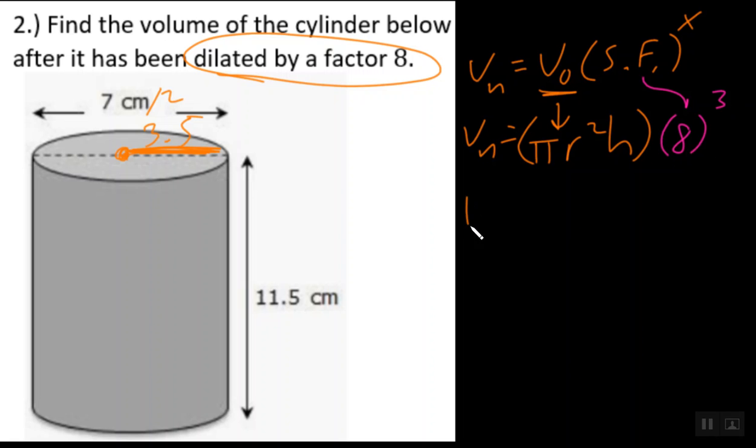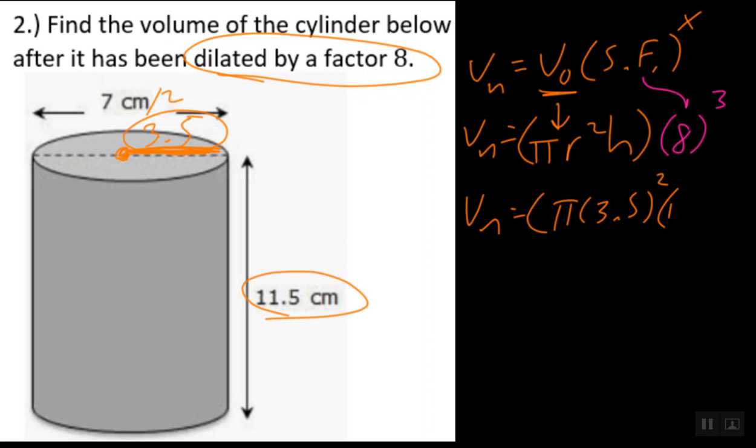So now my new volume is equal to pi times our radius 3.5 squared, times our height 11.5, times 8 cubed. If you can figure that out, you'll have the new volume. I'll leave y'all to figure it out on your own.